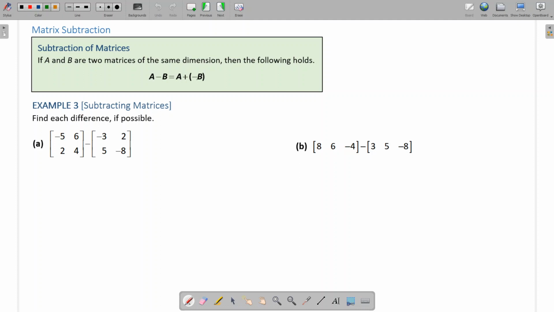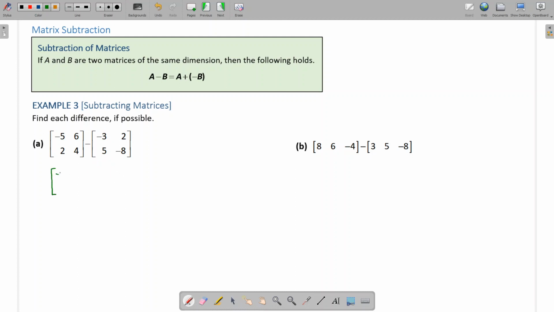So just as with numbers, we actually define the difference between numbers. If you take A minus B, it's really A plus the additive opposite of B. So we can do that with this, and all this really amounts to is we're just going to distribute the negative through here, or think of it as we're going to subtract each of the corresponding elements in that matrix. So let's do that.